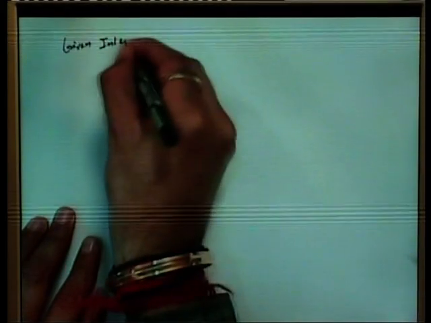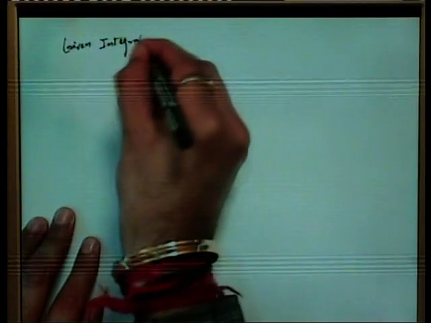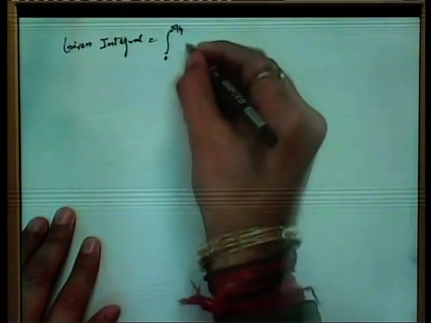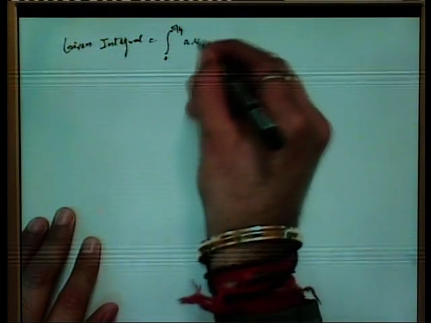So the given integral is equal to the integral from 0 to pi by 4, where dx is a secant square theta d theta.